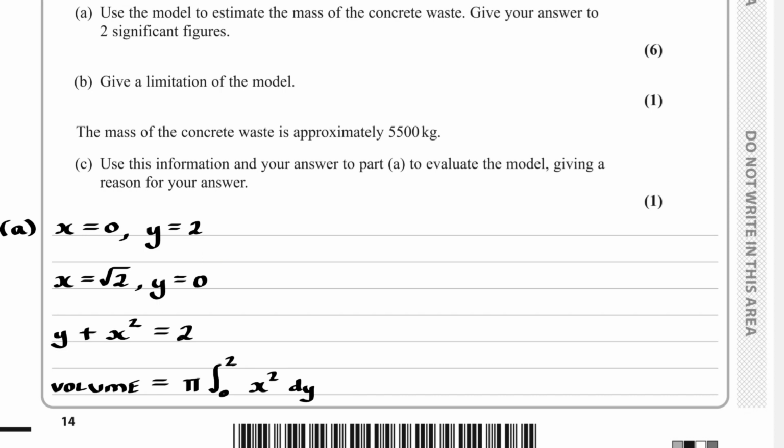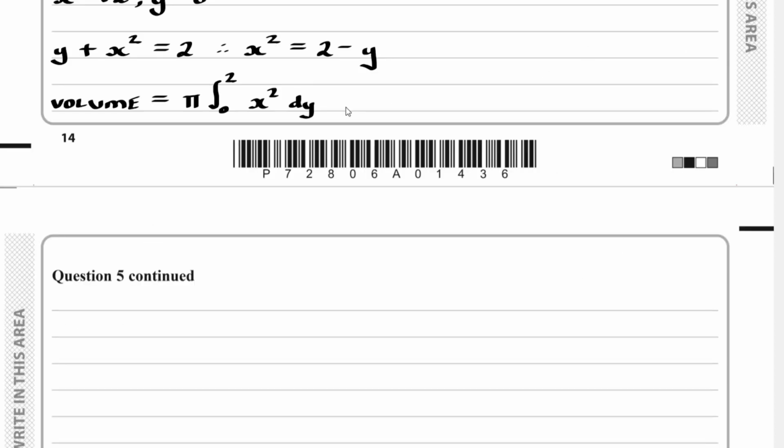And we know what the equation of C is, that's y plus x squared equals 2, and if I rearrange, you can see x squared is equal to 2 subtract y. So what I can now do is replace the x squared with 2 subtract y. So I'm integrating 2 subtract y with respect to y from 0 to 2, and I'm multiplying that by pi.